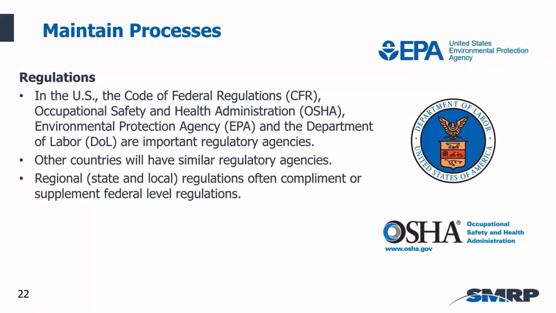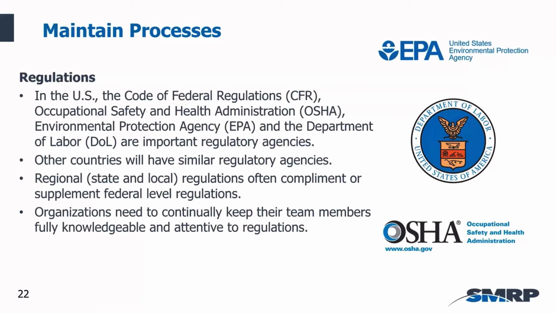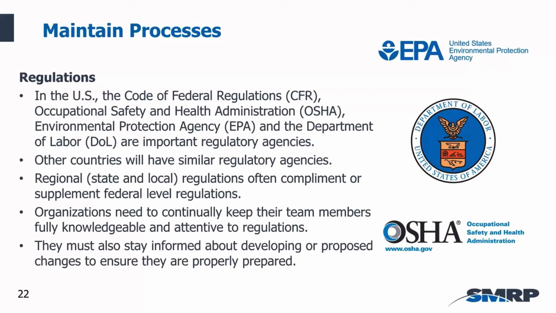And regionally, within other countries or areas of the world, there will be regional, state, or local regulations that often complement or supplement the federal level regulations. So organizations need to continually keep their team members fully knowledgeable and attentive to these regulations. And not just that, but they also need to stay informed on developing or proposed changes to ensure that they're properly prepared.